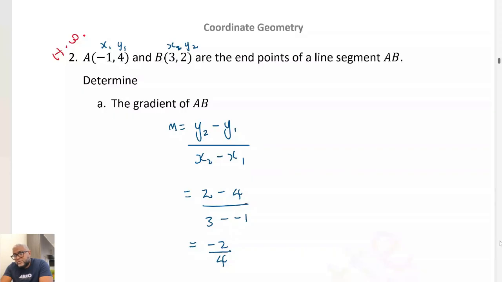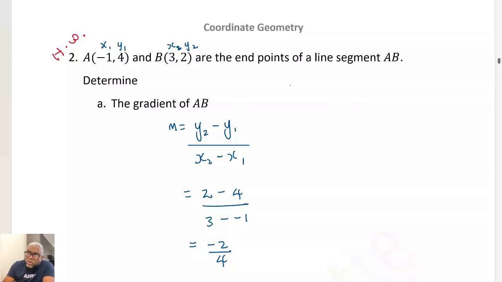Yes, sir. You know how to read that formula? Kinda. So small m, which is your gradient, is equal to what? y2 minus y1 over x2 minus x1.